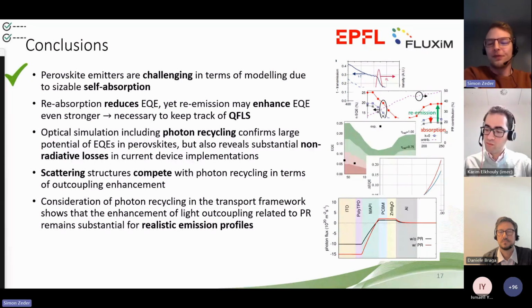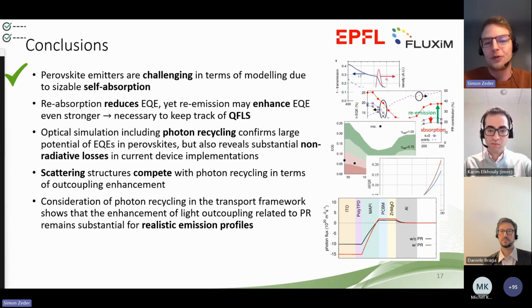Yes, exactly. So as also Karim mentioned, actually for PeLEDs, it's not a huge problem, especially since on the one hand you have absorption. On the other hand, since you want directional light emission, it can also be useful to act as a back reflector to emit all the light towards the front.